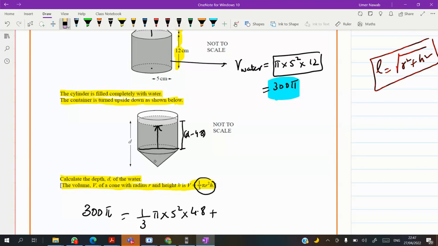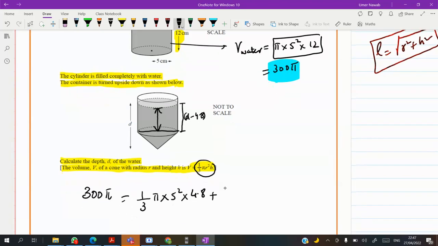So we want to consider only this height, which is D minus 4.8. So the new volume of the cylinder is pi r squared, radius is the same, and the height now is D minus 4.8.